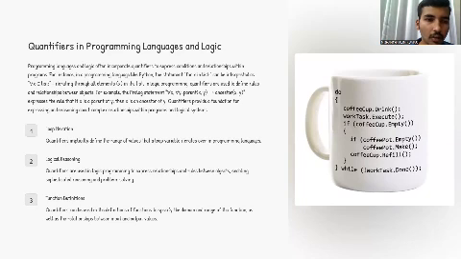Logical reasoning: quantifiers are used in logic programming to express relationships and rules between objects, enabling sophisticated reasoning and problem solving. Function definition: quantifiers can be used in the definition of a function to specify the domain and range of the function as well as the relationship between input and output values.